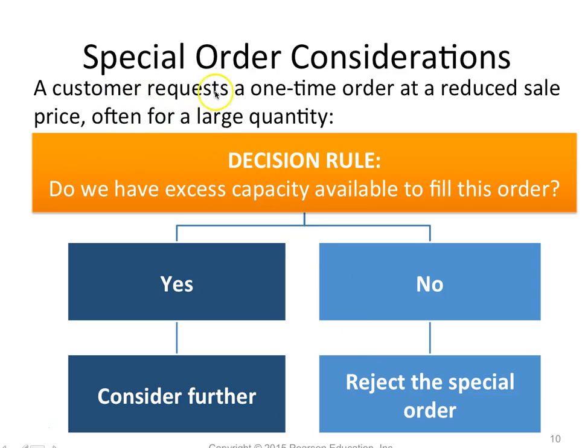So here, a customer requests a one-time order at a reduced sales price, for a large quantity. So the decision will be, do we honor this or do we not honor this? If it says yes, we may say, okay, for now yes, and we'll consider further actions. If you say no, we simply say, so sorry, cannot do that.